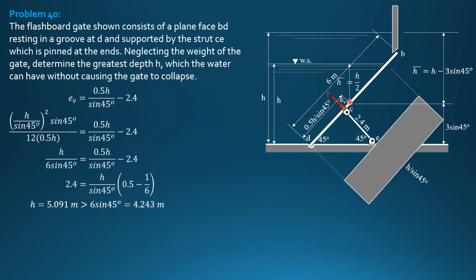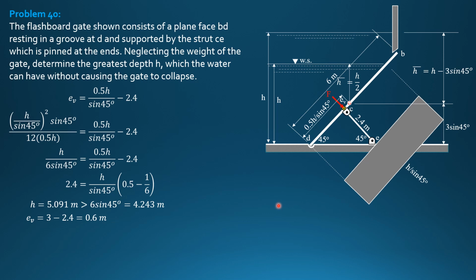And e sub v this time is 3 meters from D to the centroid of the gate, which should be half of 6, minus 2.4. The centroid of the gate is totally submerged, 3 meters minus 2.4, because CD is 2.4. So e sub v is 3 minus 2.4, so it is 0.6 meter.